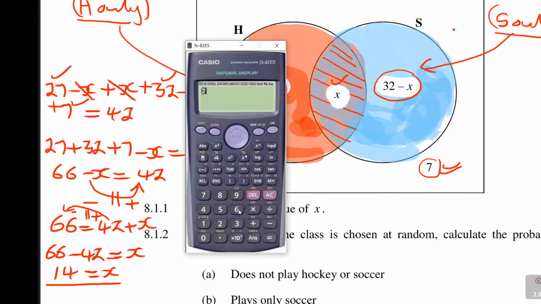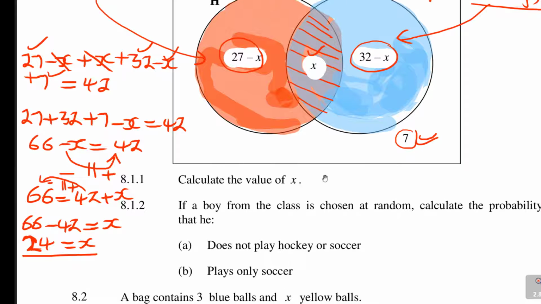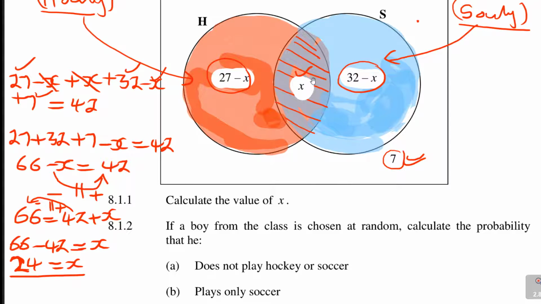So it is 66 minus 42 is equal to, actually it is 24. Let me correct that. So that is equal to 24. I always say please rely on your calculator for that. So you can see that the value of X means those who are playing both hockey and soccer.